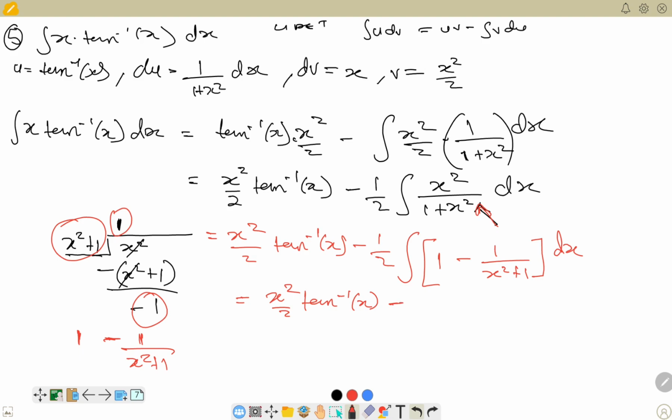So when we multiply inside there, we can have minus 1 over 2 integral of 1 dx. It's just going to be dx. Then plus, because here we have a negative, so it's going to be 1 over 2 integral of dx over x squared plus 1. Then we can see that this is arctan.